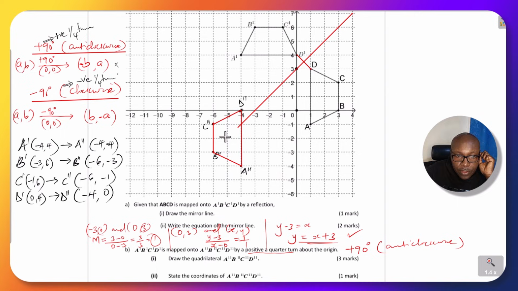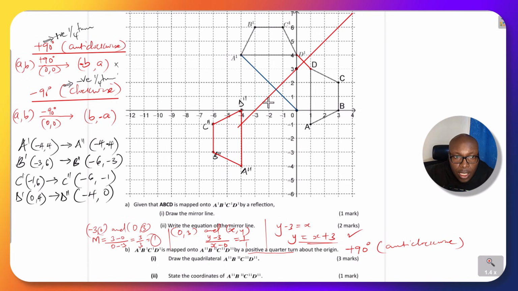Now alternatively, if you don't know these, you can decide to join. For example, just to demonstrate using the first one here. Suppose you don't have any idea about this concept. What you can do, because you are rotating through positive 90 about the origin, is take, for example, A prime, that is the object you want to rotate. You join it using a straight line to the center of rotation, which is the origin.